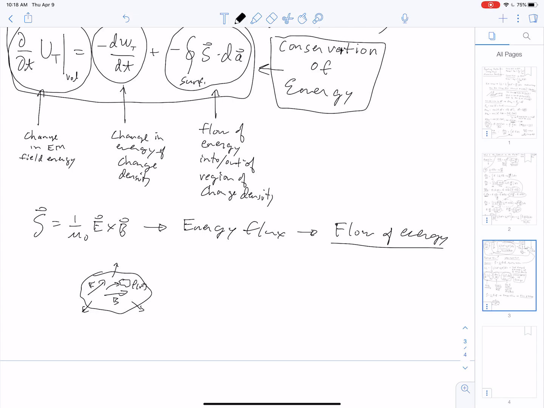So the energy can go into the charge density, but it can also flow out by the fields. So this is energy flowing out, or it could flow in, depending on the details.